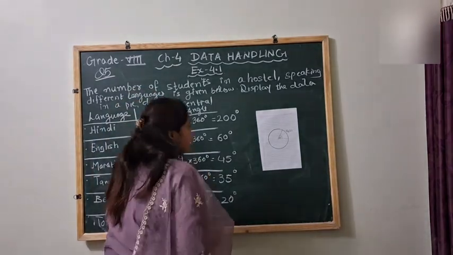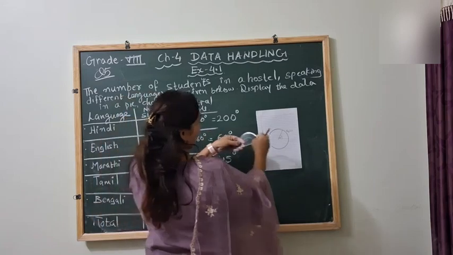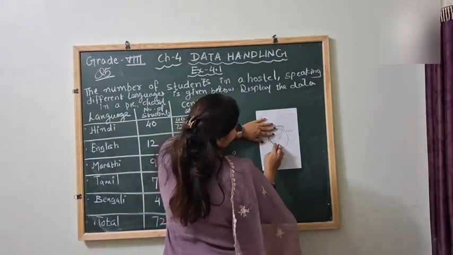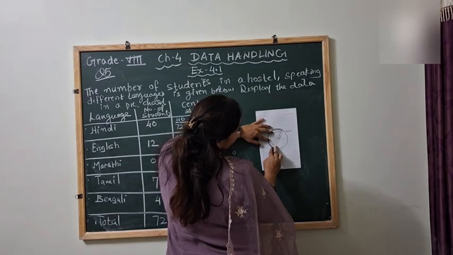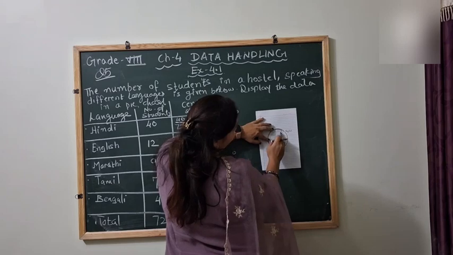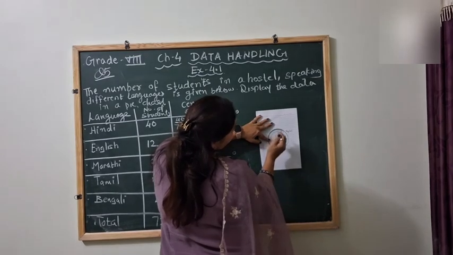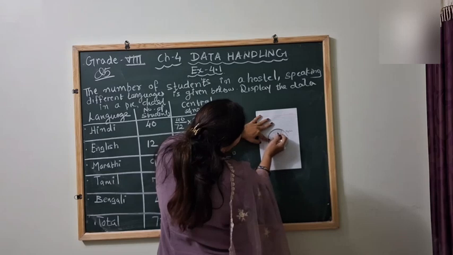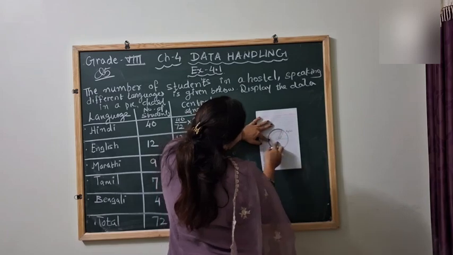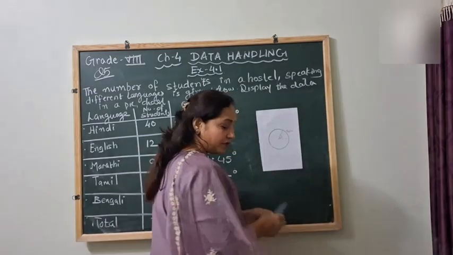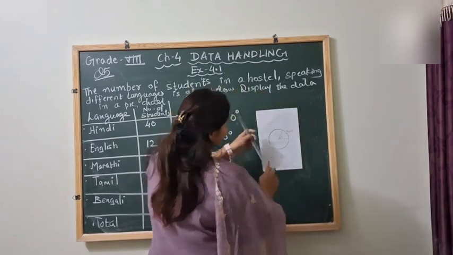Let us do it. Center and the radius, I have to draw 45. 0, 10, 20, 30, 40, and here this is 45. Okay, students, so the 45 degree angle is ready.